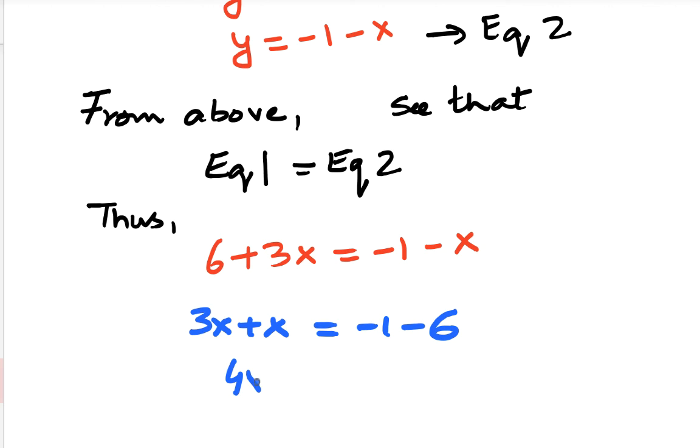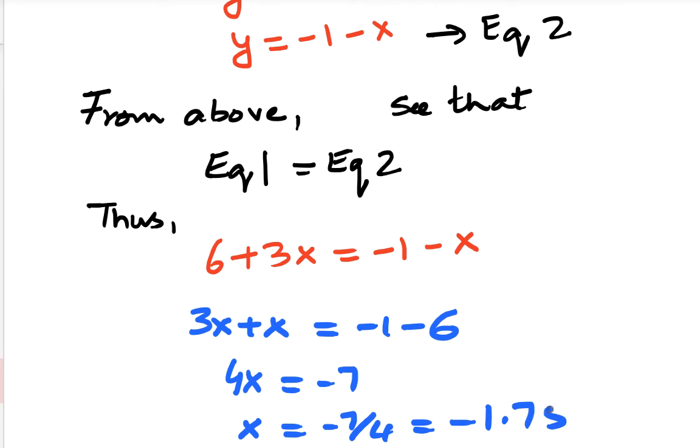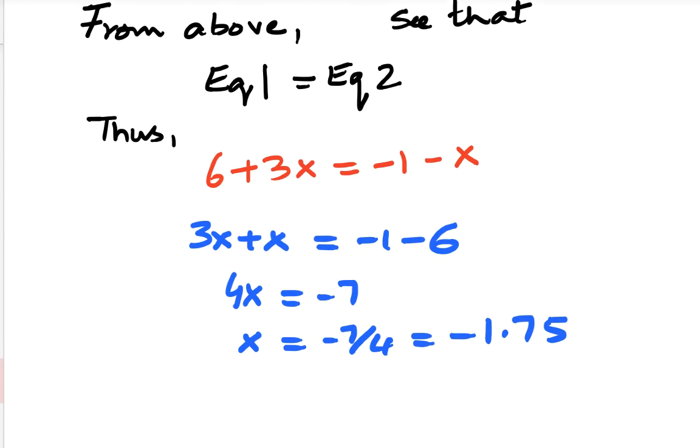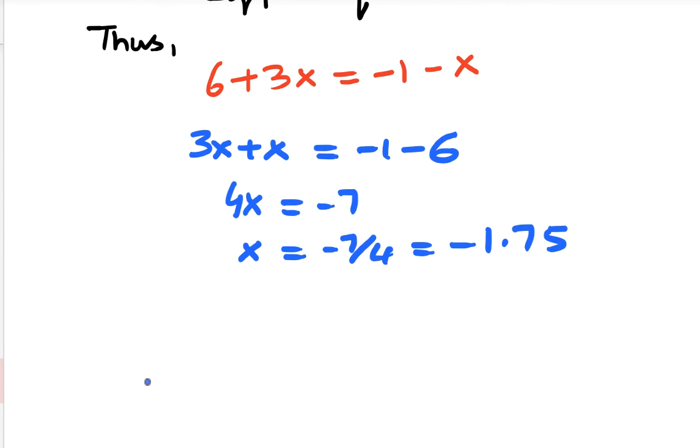So we get 4x equals minus 7, or x equals minus 7 over 4, which is minus 1.75. Now remember, this is only giving us the x value of the point, and a point is an ordered pair. So to find the value for y, we can plug this minus 1.75 into any one of them.